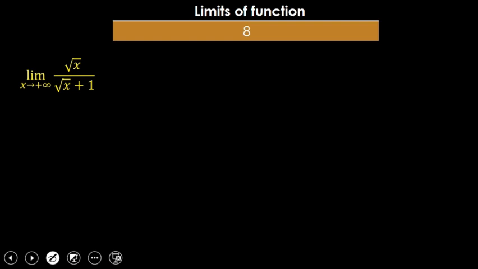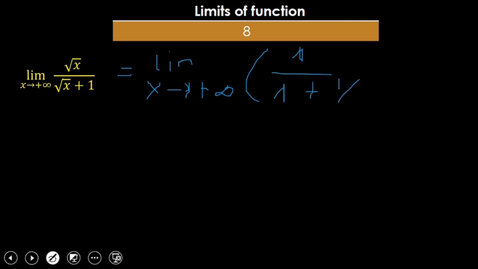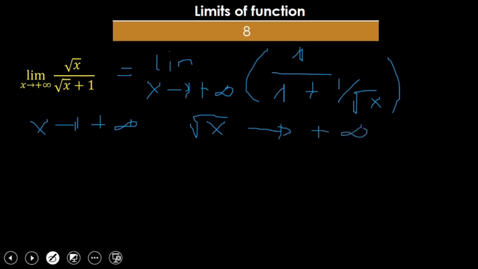That will be equal to the limit as x tends to plus infinity of 1 all over 1 plus 1 all over root x. If x tends to plus infinity, root x will also tend to plus infinity. Therefore, this tends to 0 when you substitute. Therefore, we have 1 on 1. The answer will be equal to 1.